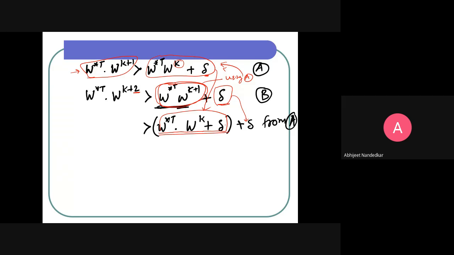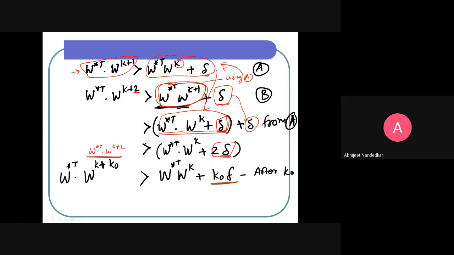If I solve this, this delta and this delta become 2 delta. So W star transpose Wk plus 2 is greater than W star transpose into Wk plus now 2 delta.